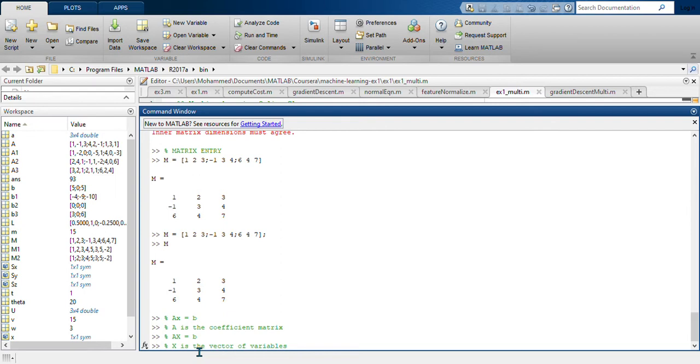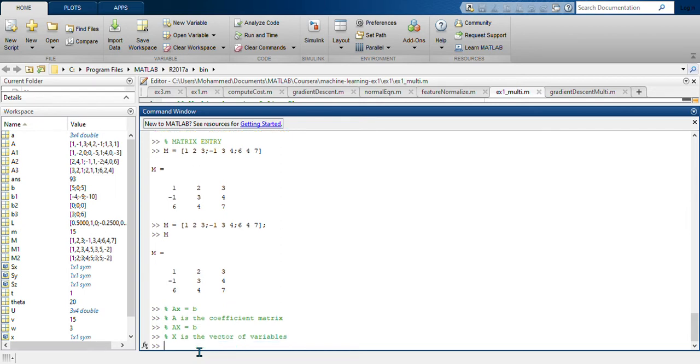Okay, so x is the vector of variables, and b would be a vector of the numbers which are on the right hand side of the equation. So b is the vector of numbers on the right hand side of our equations.